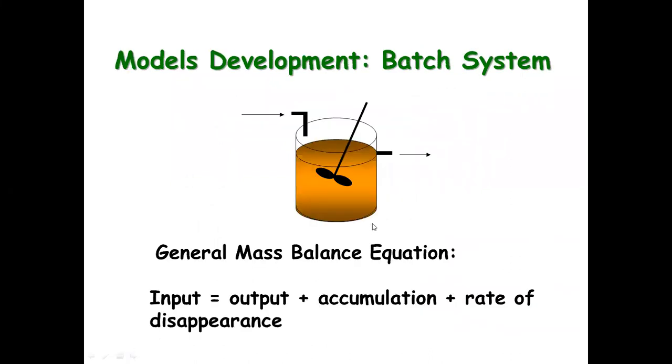Now let's go into each of our reactors and look into the different terms that are present in our material balance equation. For a batch system, you have this particular reactor representing a batch reactor. We still have input equal to output plus the accumulation plus the rate of disappearance. The rate of disappearance accounts for the rate of reaction. It's the only term in here that has the appearance of the rate law.